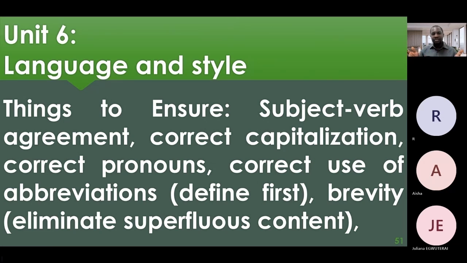What is the language and style to use in preparing or writing your report? You must ensure correct subject-verb agreement, correct capitalization, correct pronouns, and correct use of abbreviations. Define first before you go into detail, be brief, and eliminate superfluous content. What does this mean? You need to ensure subject-verb agreement. Verbs are action words, so whatever you are saying should agree with whatever is in the exhibit.